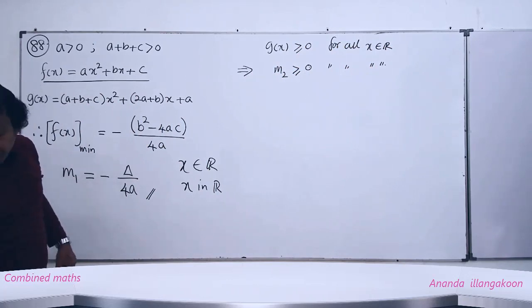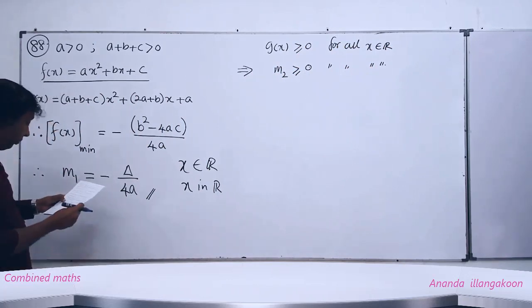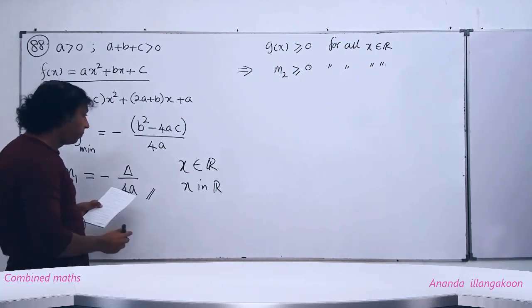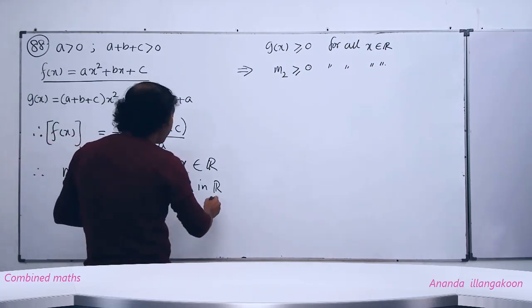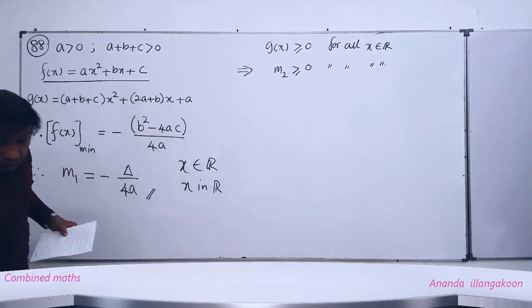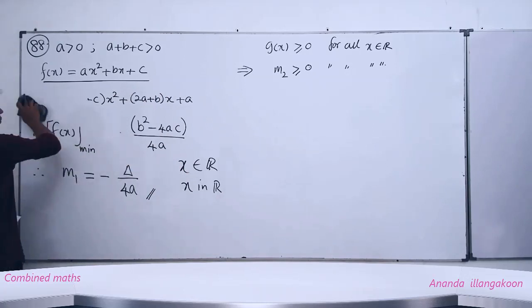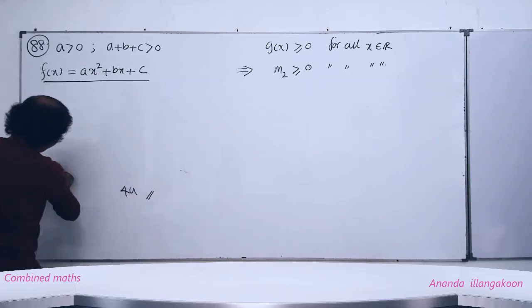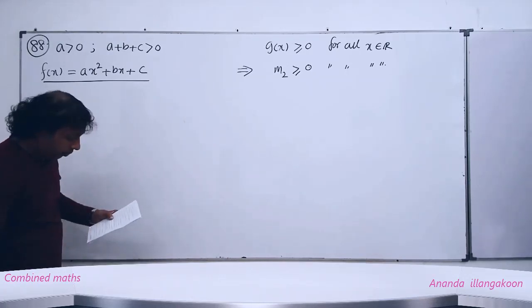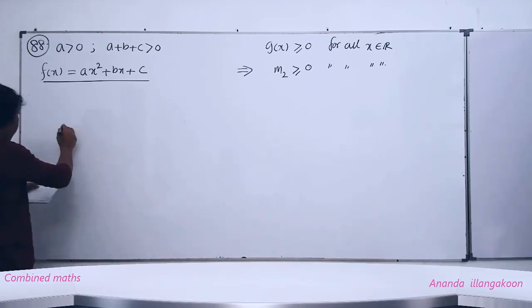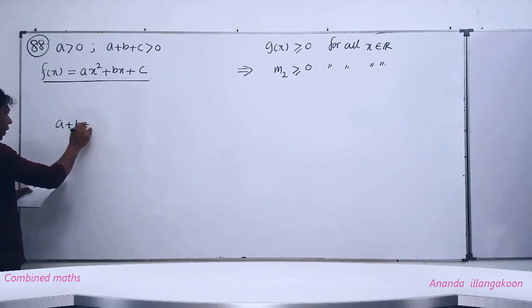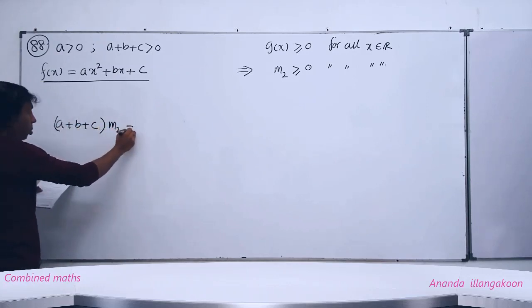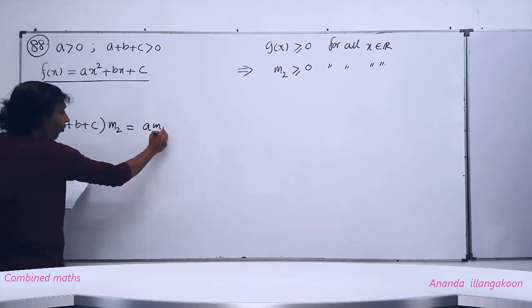Because we obtain one result like this: (a plus b plus c) times m2 equals a m1.